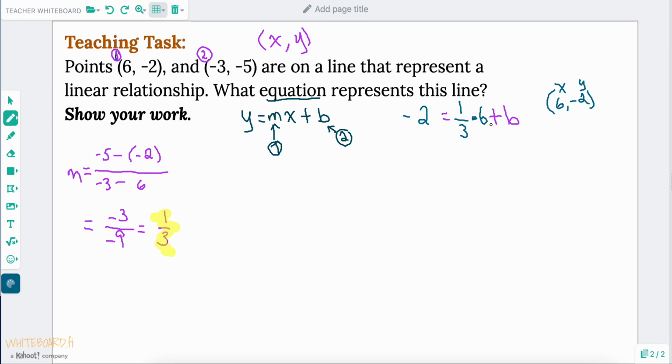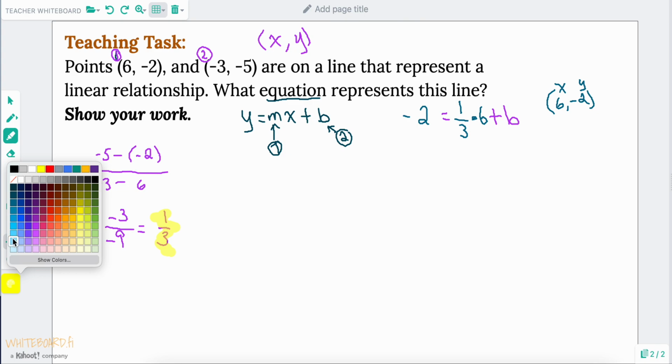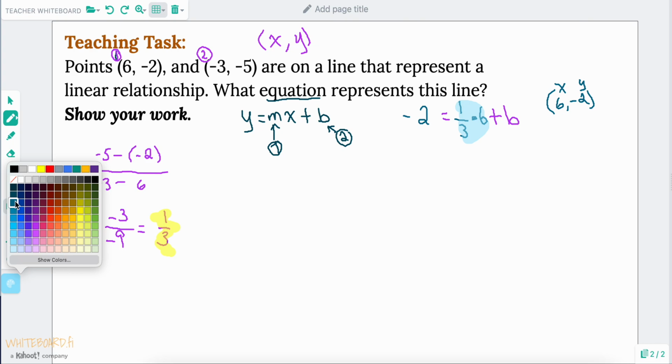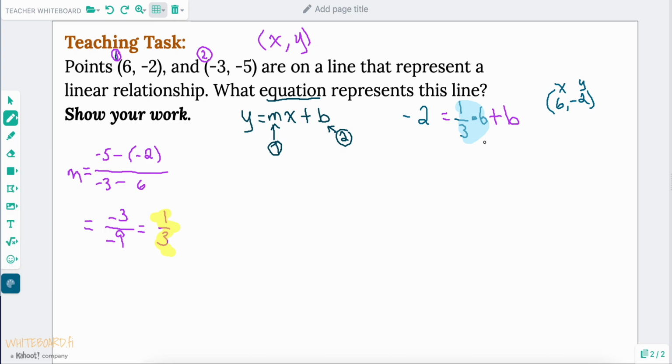So this is 1/3 x, or 1/3 times 6 in this particular circumstance. So now you first have to do this. I want to solve this piece first. See this right here? That piece right there, if I type that in my calculator, I'm going to get 2. So this gives me 2.